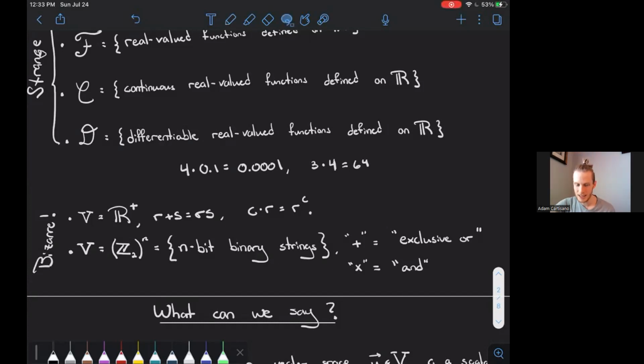Okay, so when we do that, this satisfies all 10 of those properties that we listed in the previous slide. So for example, there is an additive identity.